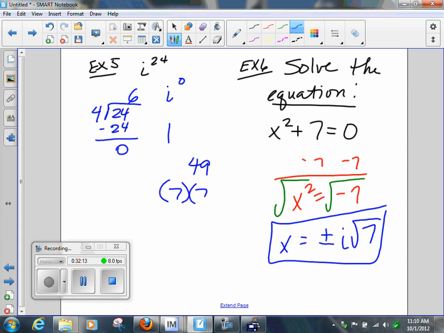Positive 7 times positive 7 and negative 7 times negative 7. So the answer can either be positive 7 or negative 7. Same thing here. That's why we have to take into account the 2 answers. This becomes very important to you in trig, the 2 solutions, the plus minus. Okay? Let's do one more.